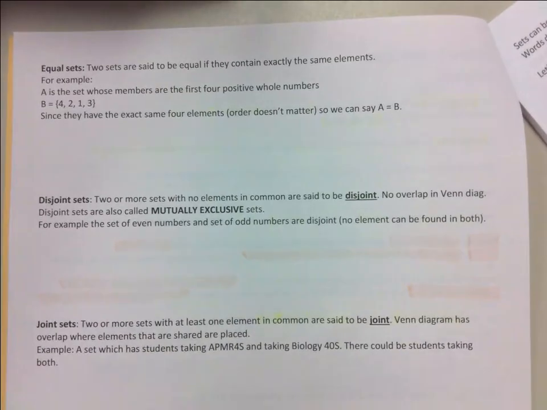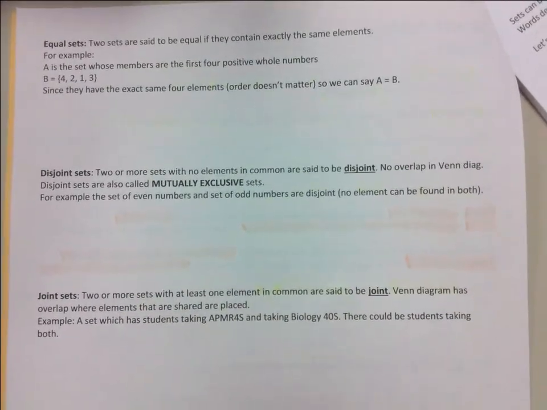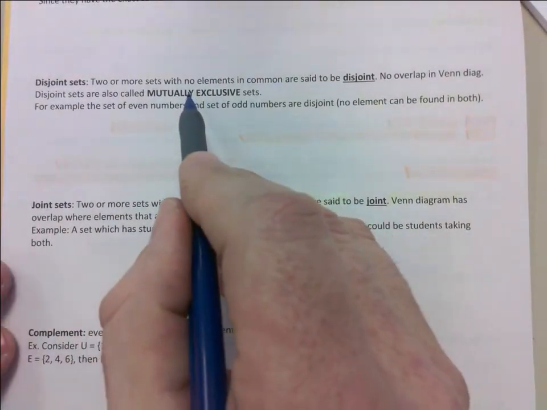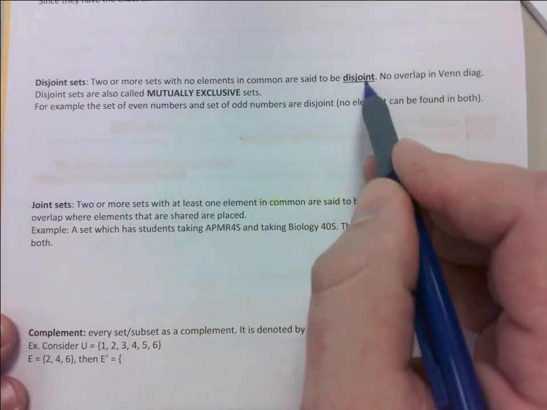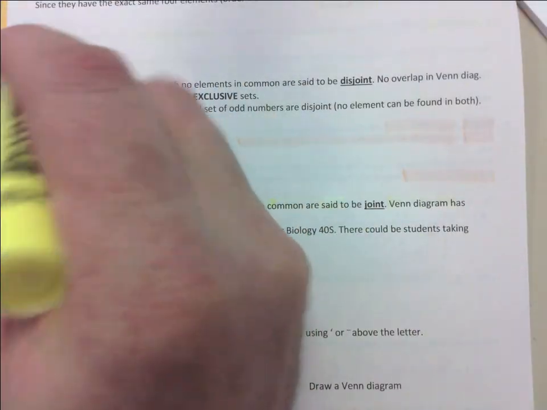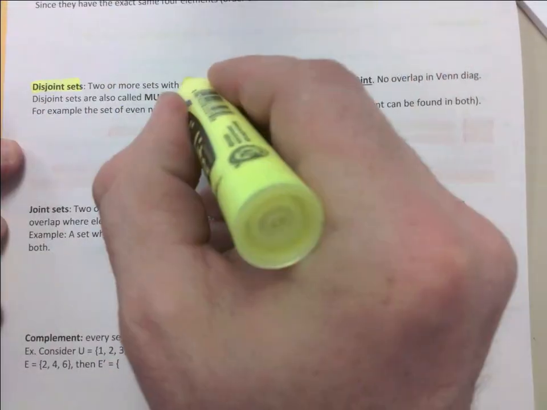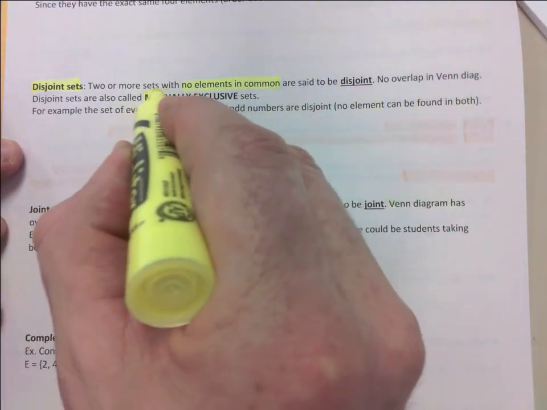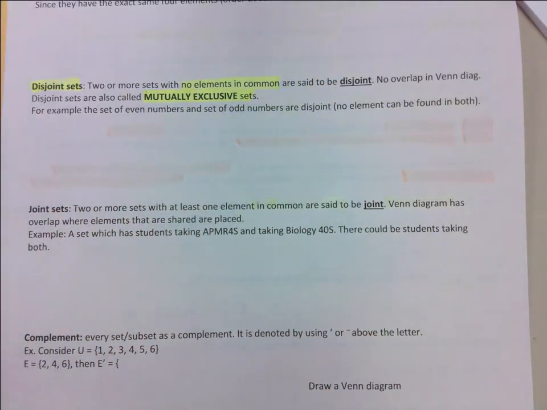So I'm just going to let you read it if you want to know that one. Disjoint, important. Okay. Two or more sets with no elements in common are said to be disjoint. Okay. Disjoint. No elements in common. They're also called mutually exclusive.